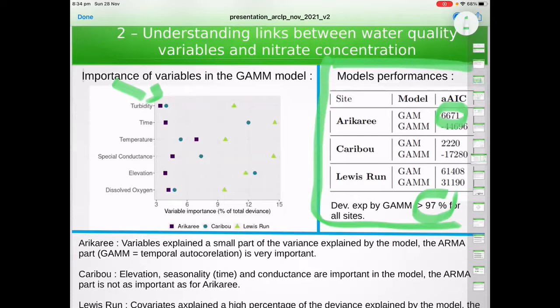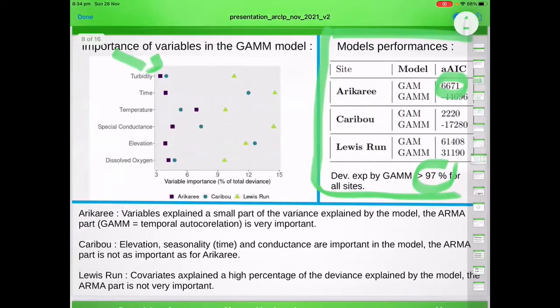But for example, for Lewis Run, which is a triangle, you can see the time effect has quite a large influence. In fact, the covariates explain a high percentage of the deviance explained by the model, and the ARMA part is not important.